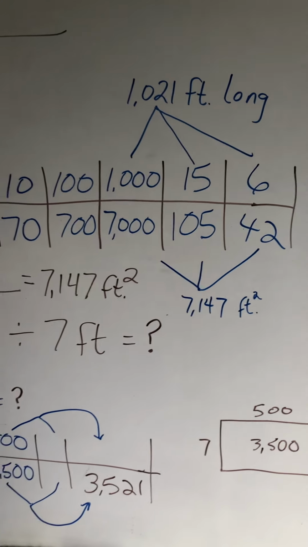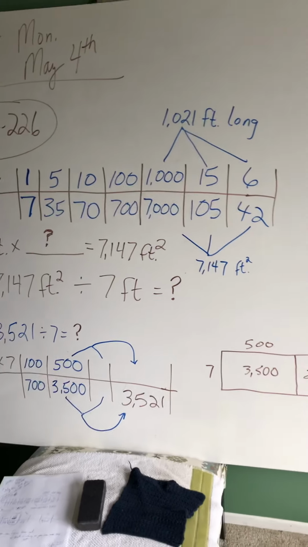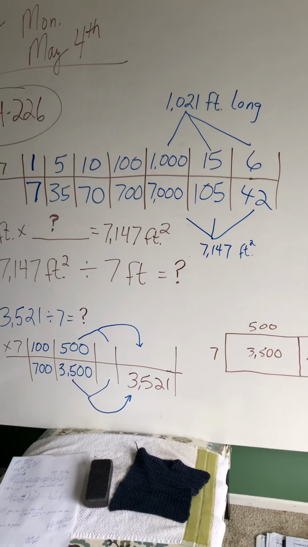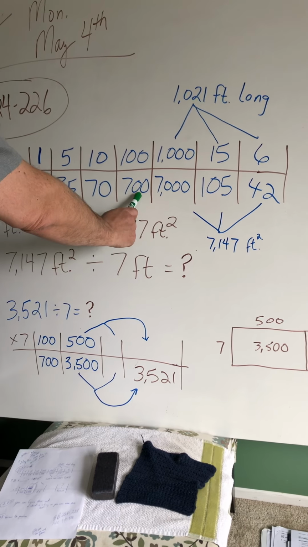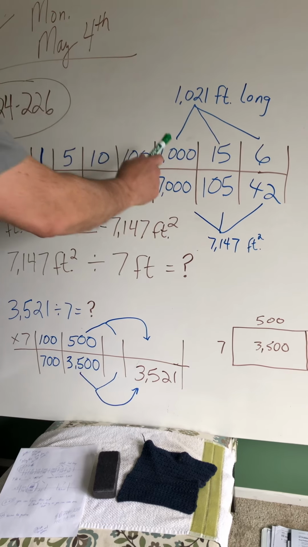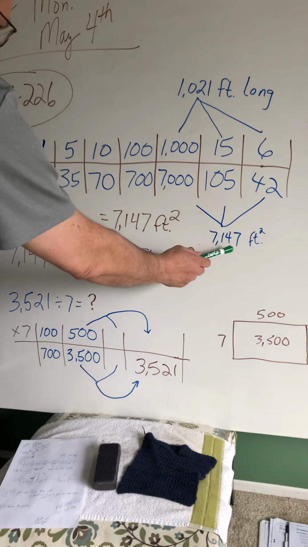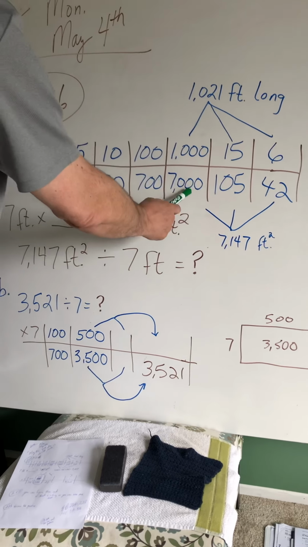Well, here, 5 times 7, we're only at 35, okay? So I start thinking big. Then I do 10 times 7, 70. 100 times 7 is 700. 1,000 times 7 is 7,000. See, we got to get to 7,000 something. So I went big, okay?